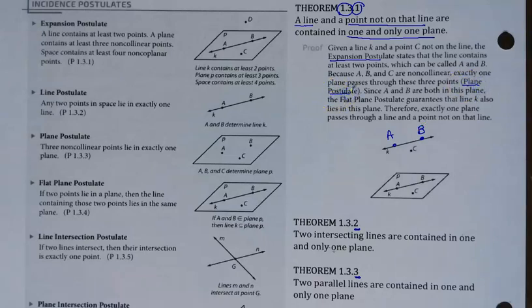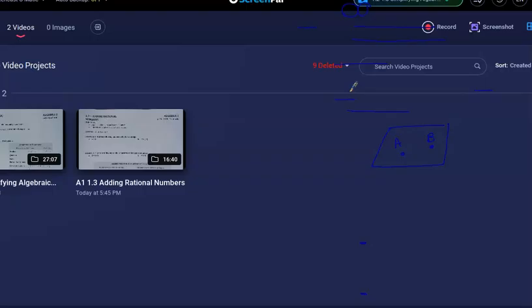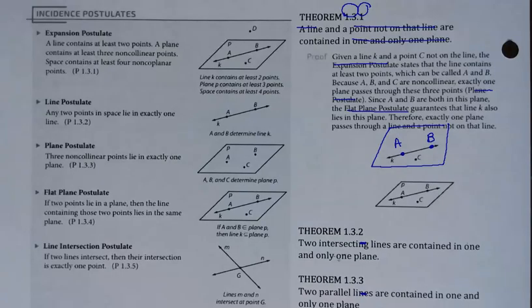So this proof is walking us through. Since A and B are both in this plane, the flat plane postulate guarantees that line K also lies in this plane. Therefore, exactly 1 plane passes through a line and a point not on that line.